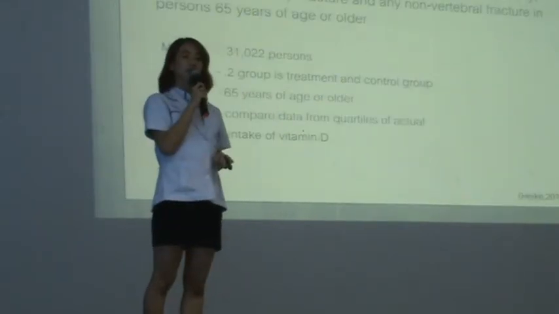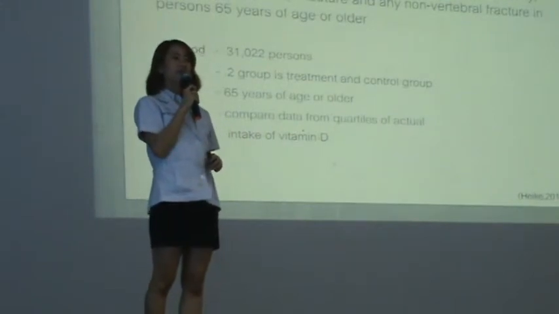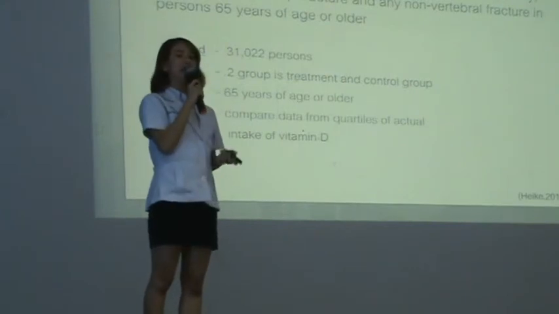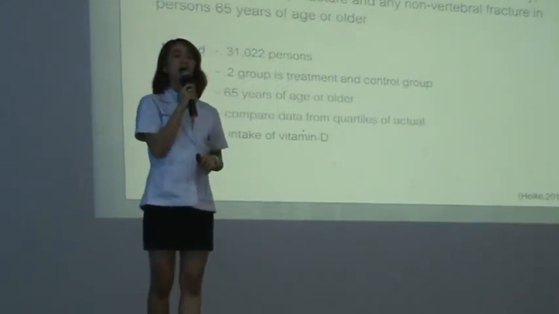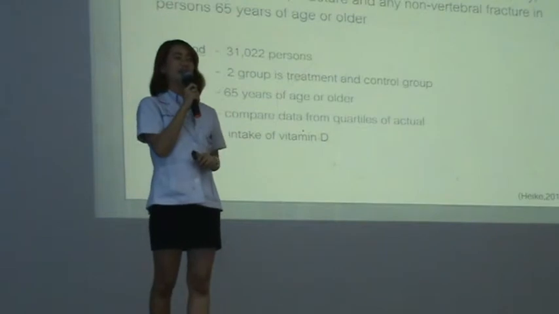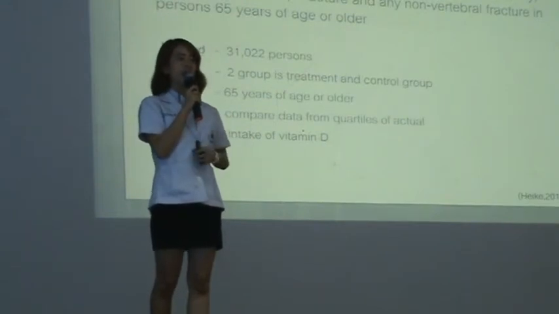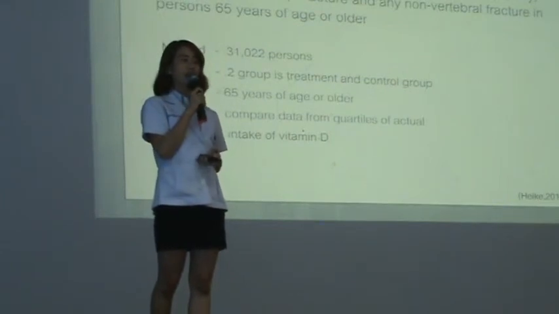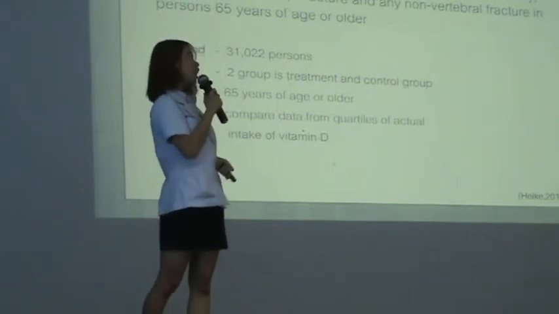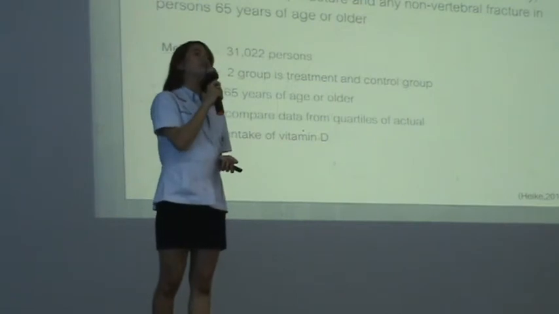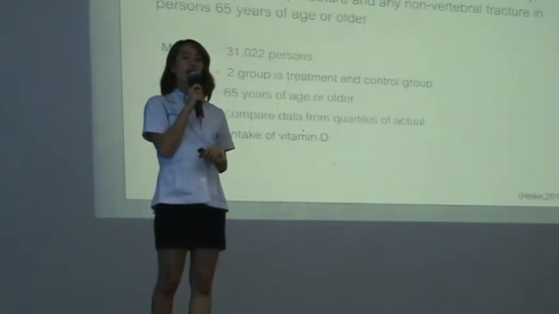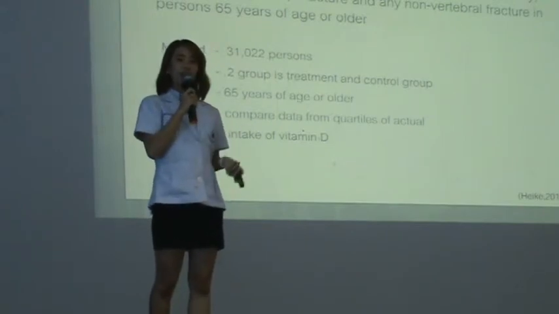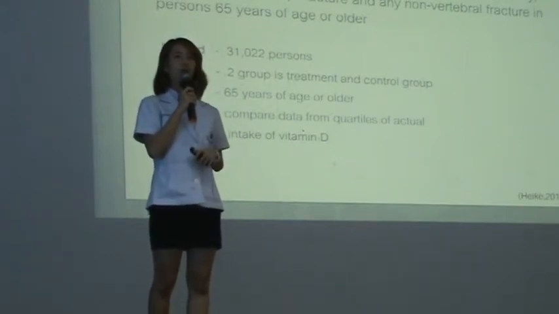The first research is a pooled analysis of vitamin D dose requirements for fracture prevention. High dose vitamin D supplementation can prevent hip and any non-vertebral fracture in persons 65 years old or older. We collected data from control groups of oral vitamin D supplement with or without calcium as compared with the placebo group.